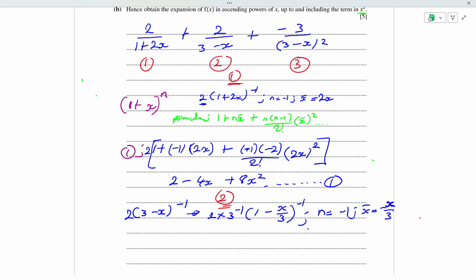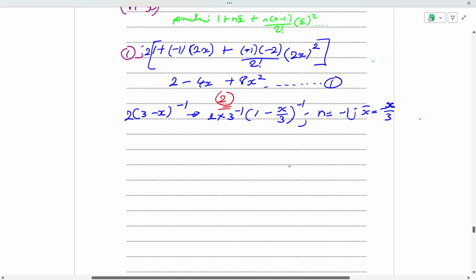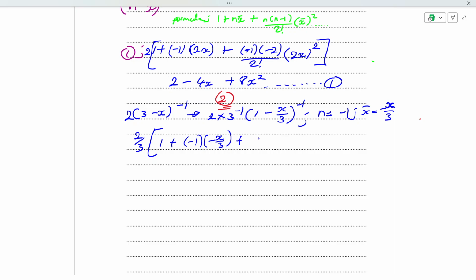Now this becomes 2 over 3, bracket, but we use the formula 1 plus n x bar plus n(n minus 1) over 2 factorial x bar squared. Our n is negative 1, plus n, which is 1, multiplied by the x bar, in this case x over 3, plus the n in the formula, which is negative 1 in this case, multiplied by n minus 1, which becomes negative 1 minus 1, which is negative 2.